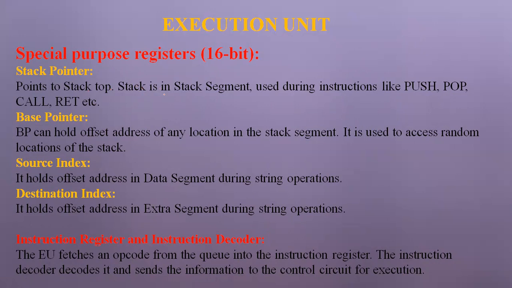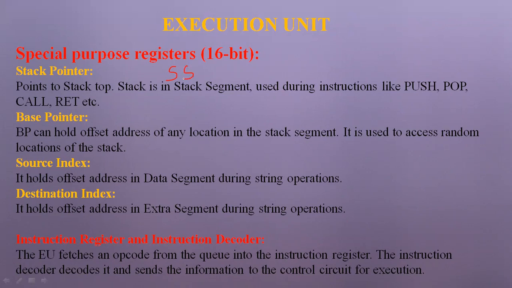The segment registers are in the bus interface unit. To point to the stack and take the data from the stack segment, we use the stack pointer during instructions like push or pop, call or return. The stack segment is one of the segment registers in the bus interface unit.